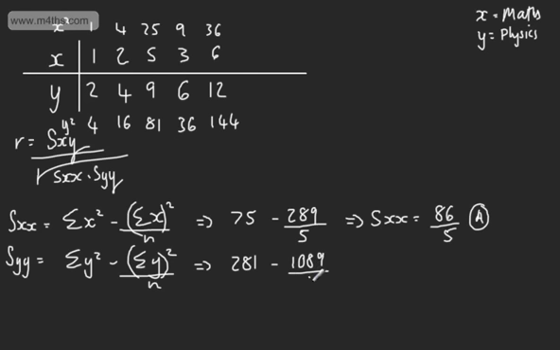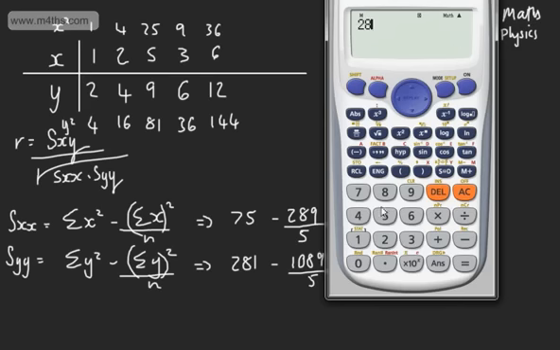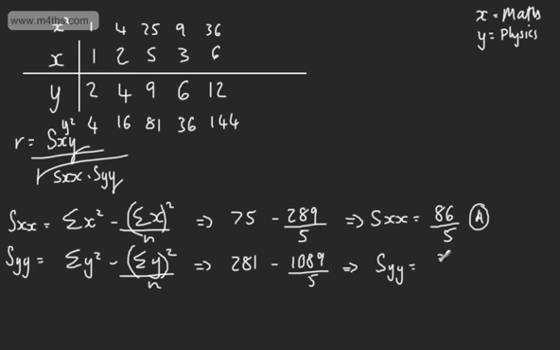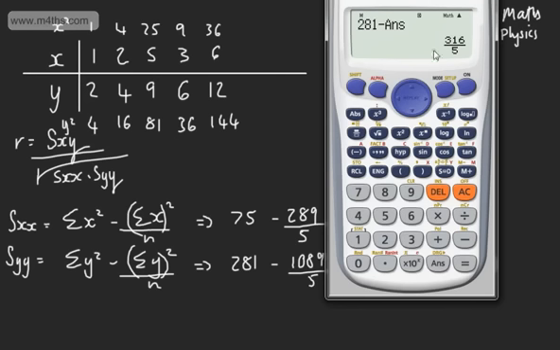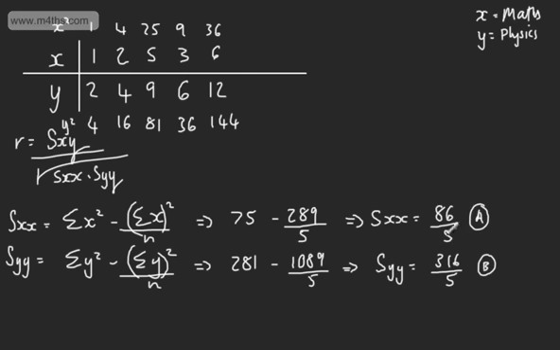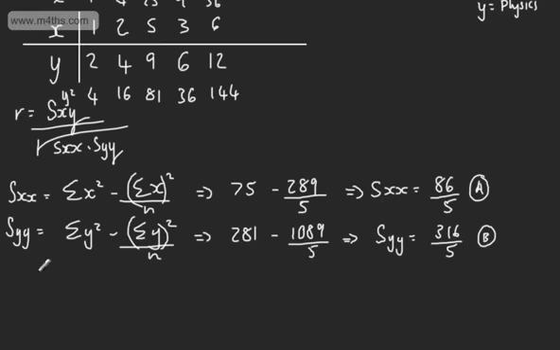What's that going to give me? That's going to give me SYY, and SYY is going to be 281 minus this value. So 281 minus my answer, and that gives me 316 over 5. So 316 over 5, and I'm going to store that in as B. Again, you can see that it's not a problem putting that back in the calculator, but I like to get into the habit of writing A and B to ensure the level of accuracy.